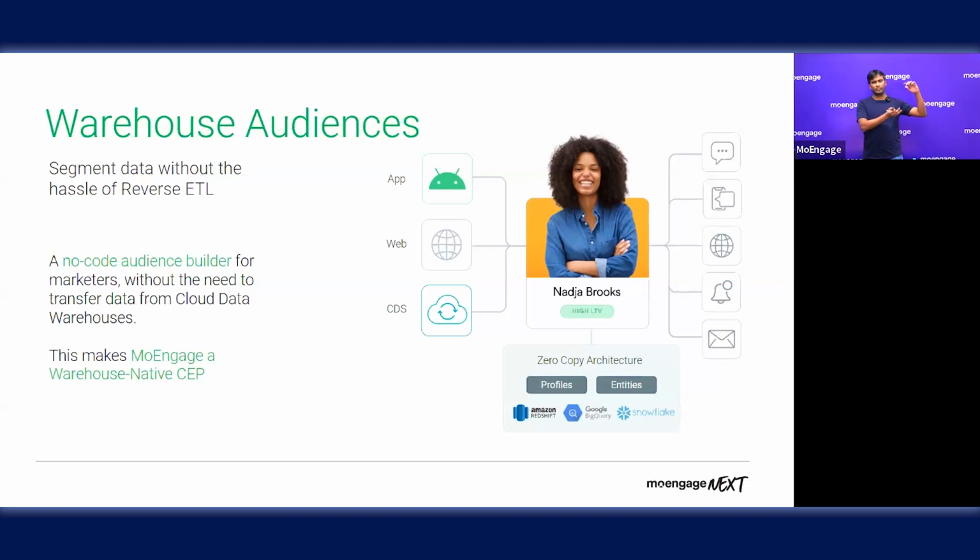So we enable you to bring data from, let's say, mobile apps, websites, and cloud data sources into the MoEngage platform. And for use cases where you don't need to bring in the data for dynamic personalization, or even for certain verticals like financial services, healthcare, and some of these regulatory verticals where you have restrictions in terms of what data you can share with the MoEngage platform, you can then directly create these audiences on top of that data that is sitting in a warehouse, and then activate across all the different channels that we support.